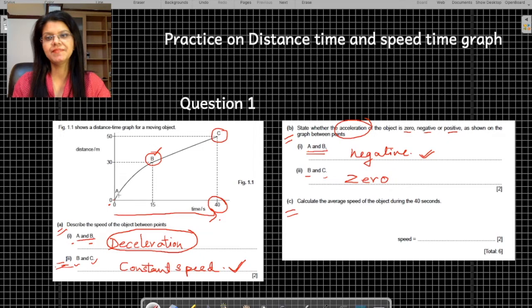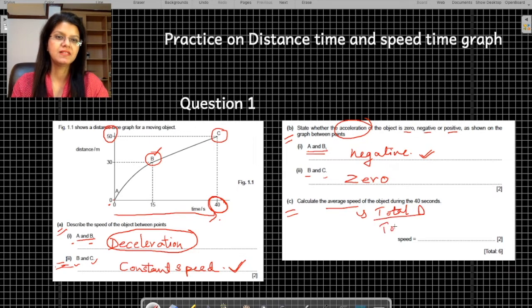Now if you see that the speed is different at different points in this distance time graph, it is not a scenario of constant speed. How do you find the average speed? Total distance over total time taken. Average speed, the formula is your total distance over the total time taken.